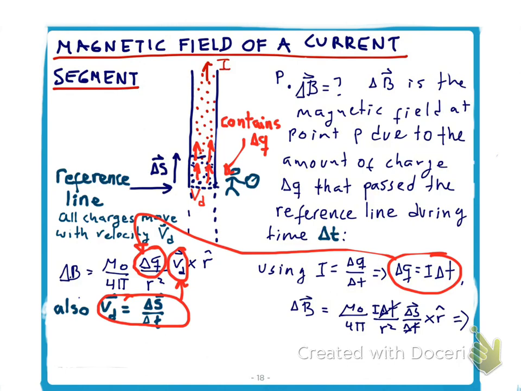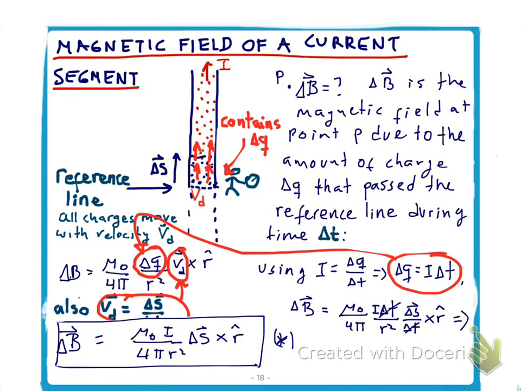You can see that the delta T cancels, and we get this equation that tells us what is the magnetic field of a segment of a wire that carries a current I. So this equation is now put in terms of the vector delta S that specifies the length and the direction of the segment, and the vector r hat, which tells us the distance from the current segment to the point P in space where we're measuring the magnetic field. So this is the Biot-Savart equation for a current segment.